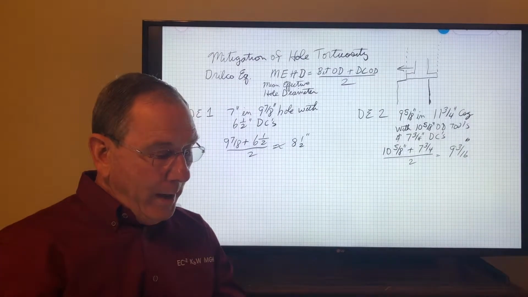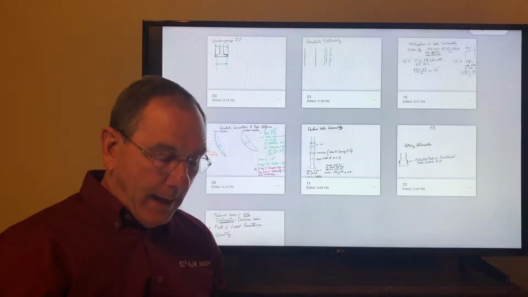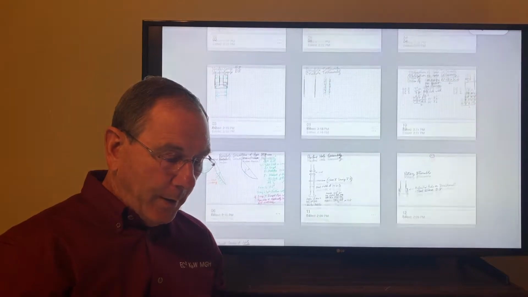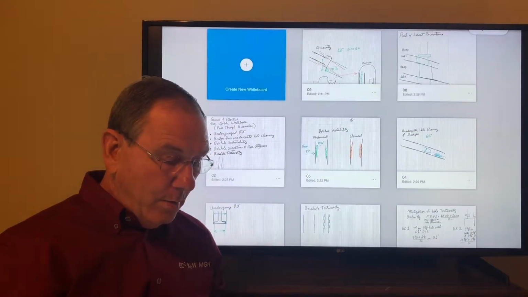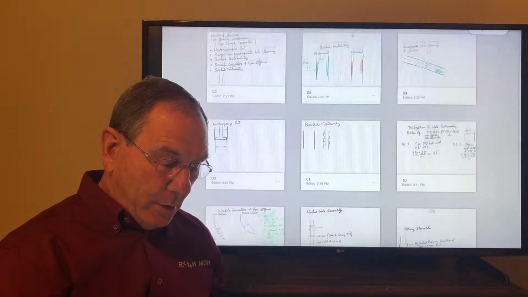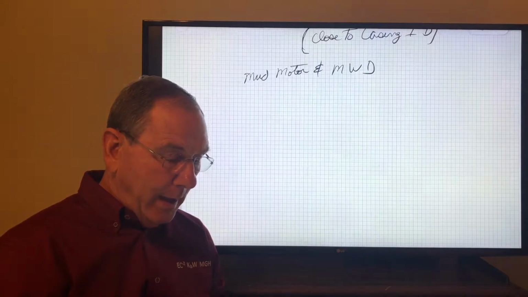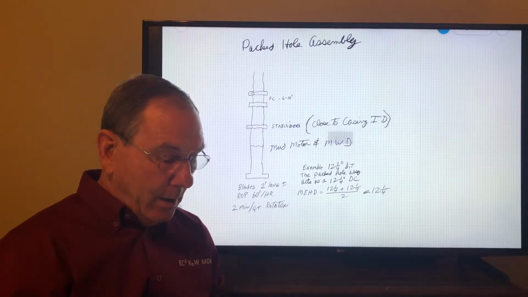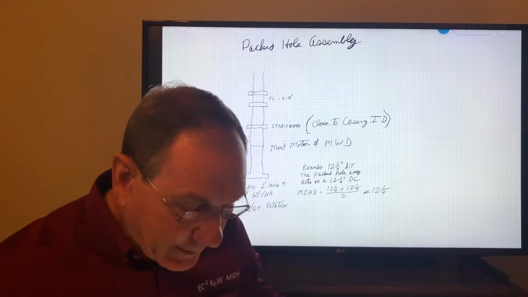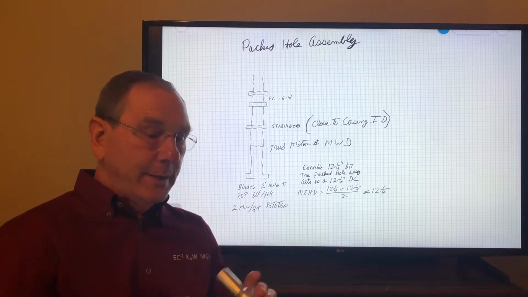Now there are a couple of ways to mitigate this hole tortuosity that I learned and experienced many years ago. One is to run a packed hole assembly in our drill string, which is a series of drill collars and stabilizers.